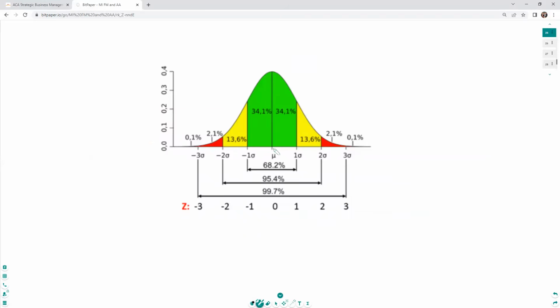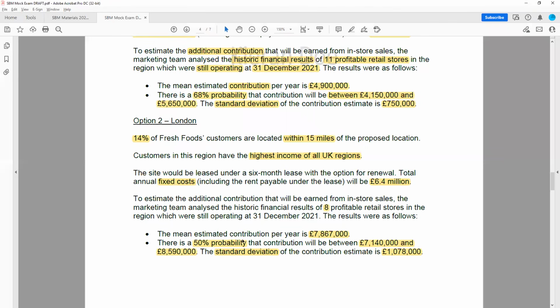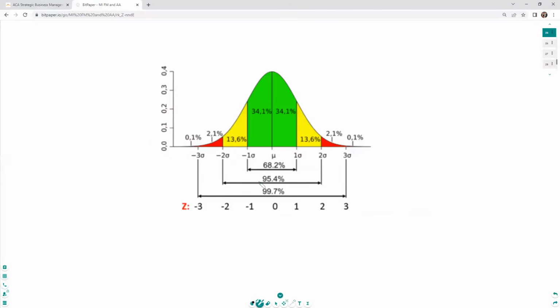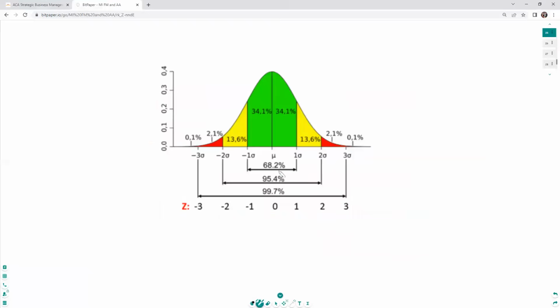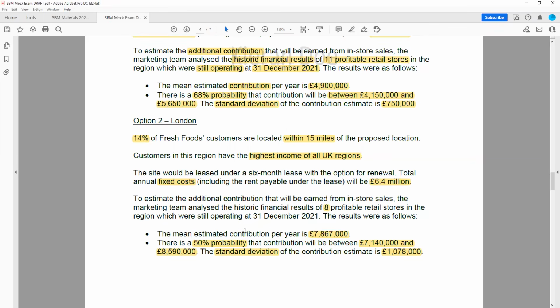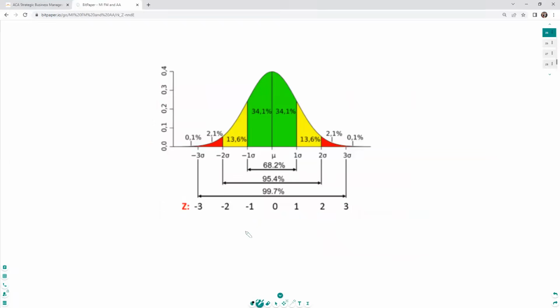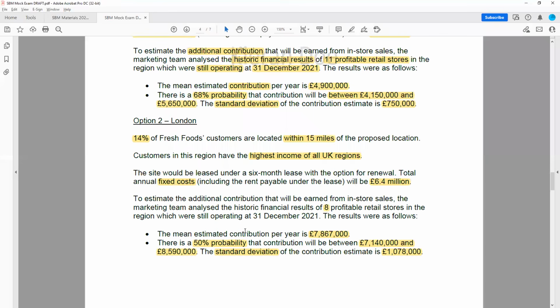So we know we've got the mean here. Now, perhaps it isn't immediately observable because they haven't given us something like a 68% probability or a 95.4% probability. They've just told us this is the mean, and then a 50% probability, which isn't directly observable, depending on how you've got your information laid out in front of you.